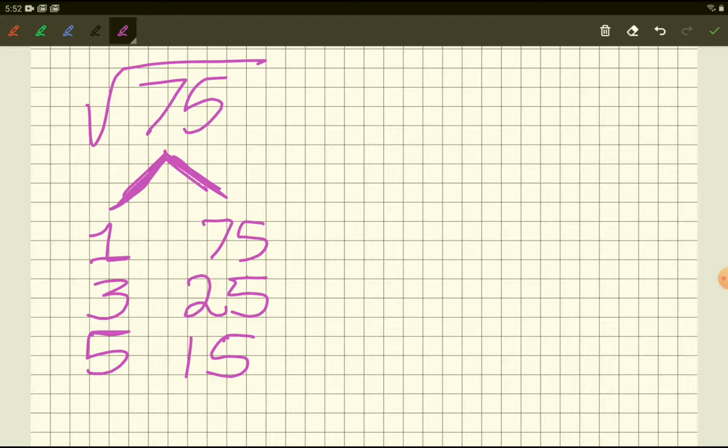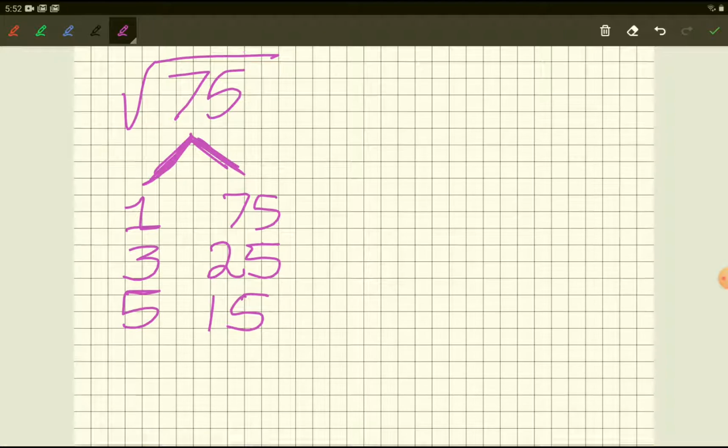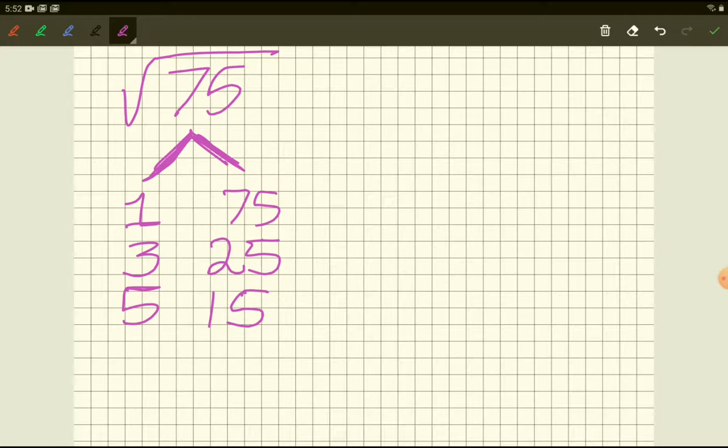And some of them, if you aren't really strong in your multiplication, you might need a calculator to double check. But you just go straight down the line: 1, 2, 3, 4, 5, 6, 7, 8, 9, 10. And you're going to keep going until the numbers start repeating. So, does 6 go into 75?